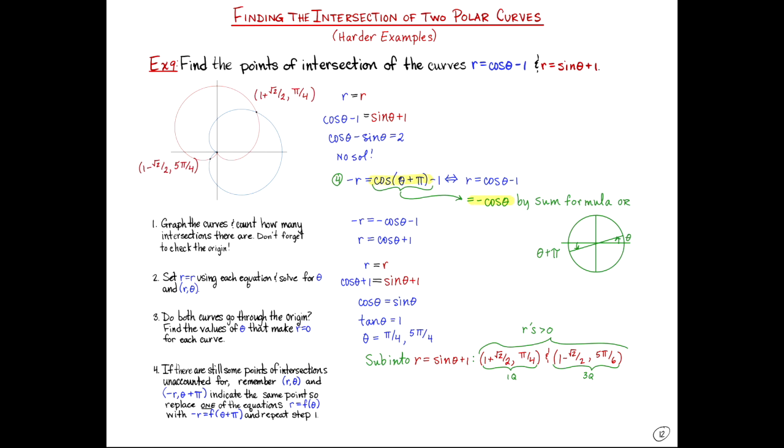if we sub our theta values into r equal to cosine theta minus 1, at pi over 4, we have negative 1 plus the square root of 2 over 2. And at 5 pi over 4, we have negative 1 minus the square root of 2 over 2.